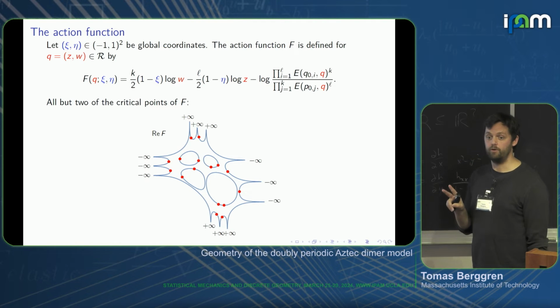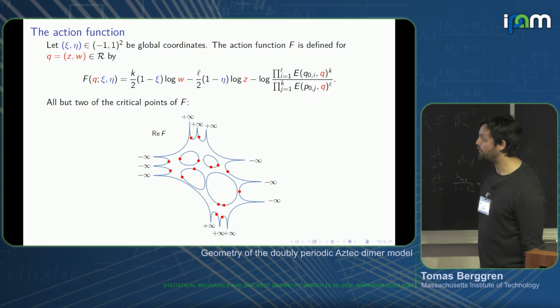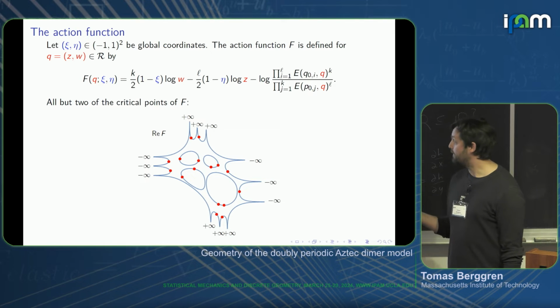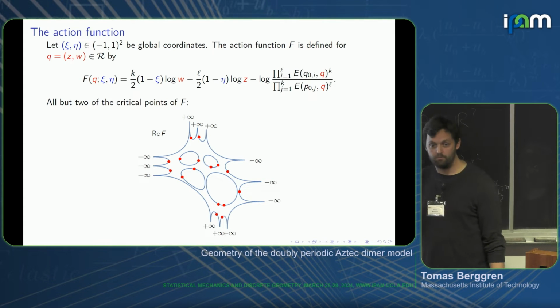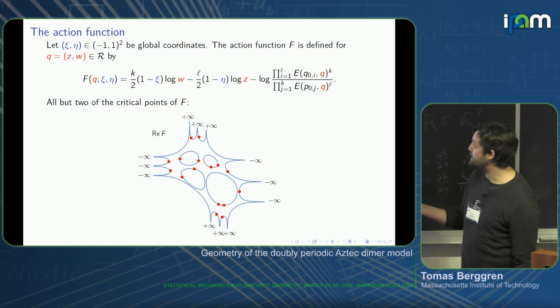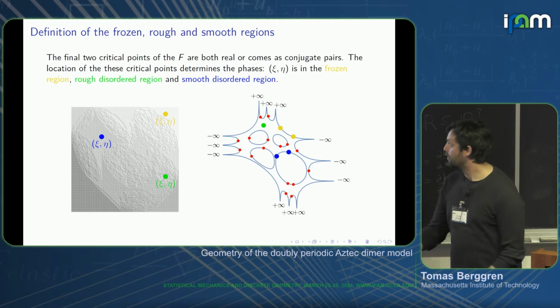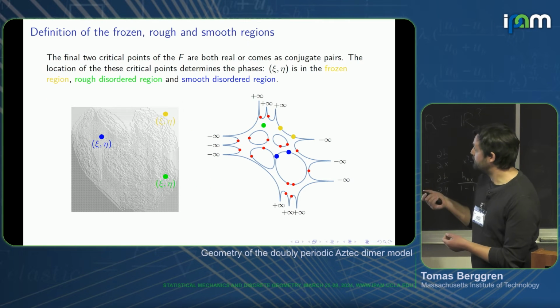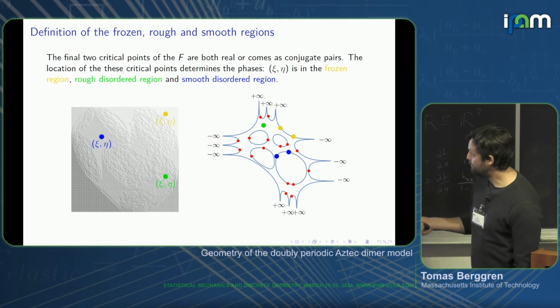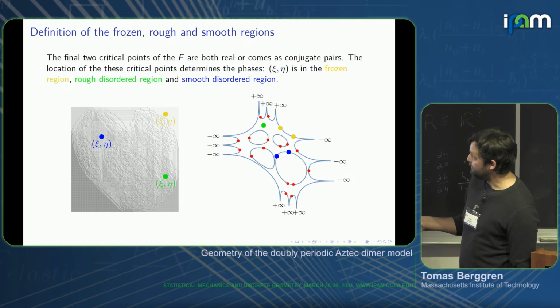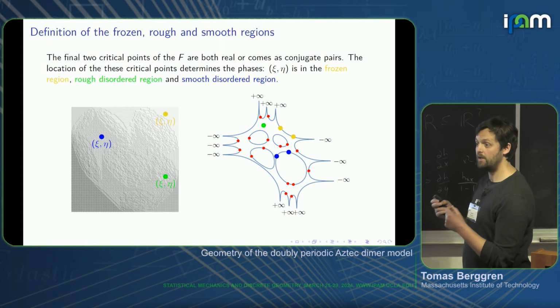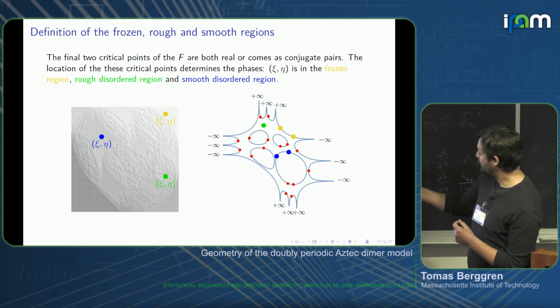Moreover, there are 2 more critical points, and these will determine which region psi eta lies in. More precisely, if psi eta lies in, let's say, the frozen region up here, that means this second pair of critical points lies on this boundary over here.